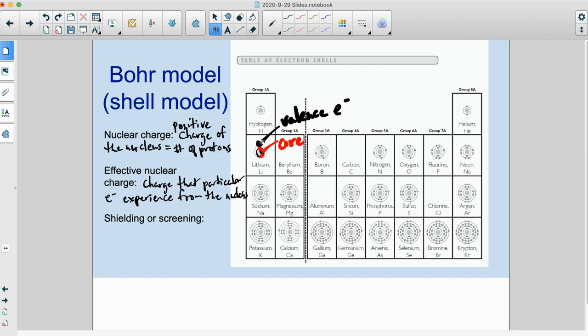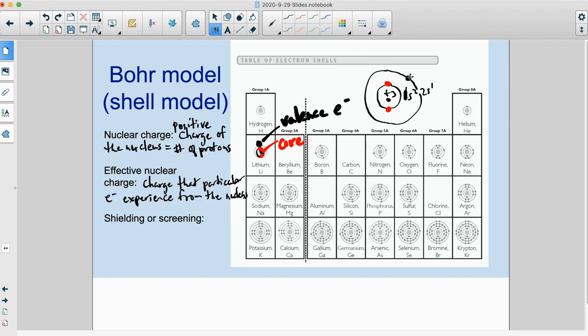However, this valence electron of lithium, let me redraw this because it's hard to see. So in lithium, we've got a +3, and then we've got 2 core electrons, and those are our 1s2 core electrons. And then we have an outer valence electron, 2s1.